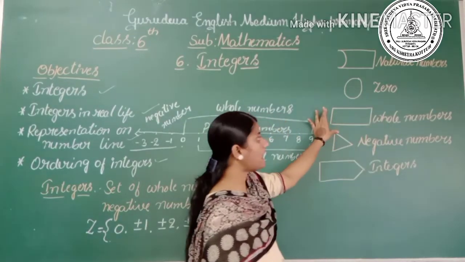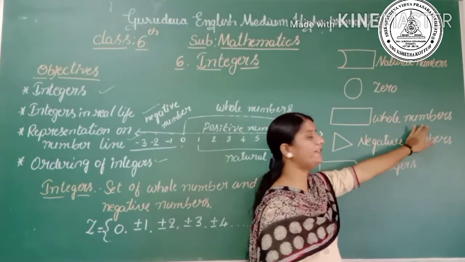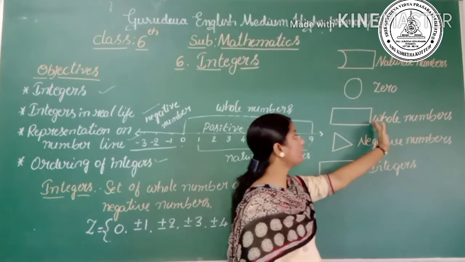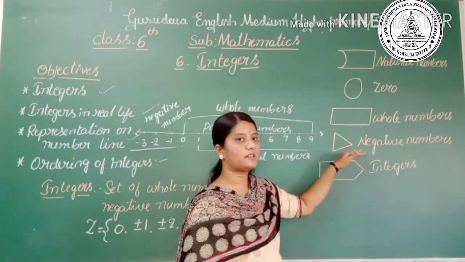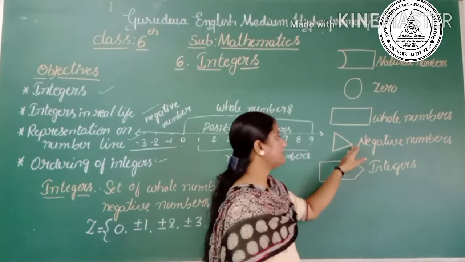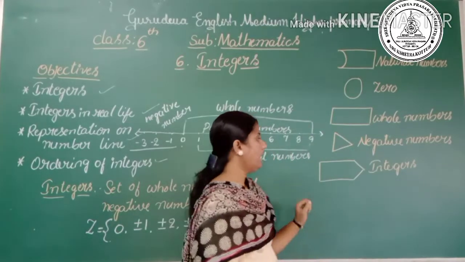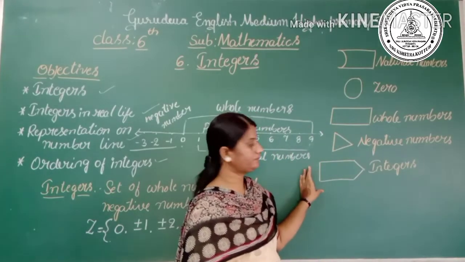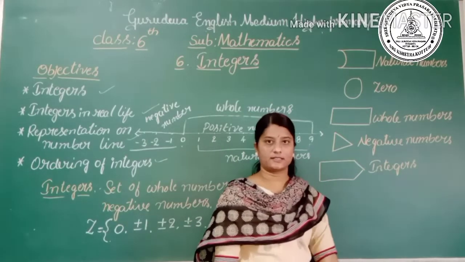Then the rectangle represents the set of whole numbers, natural numbers along with zero. Then the triangle represents the collection of negative numbers. And this closed polygon represents the integers.